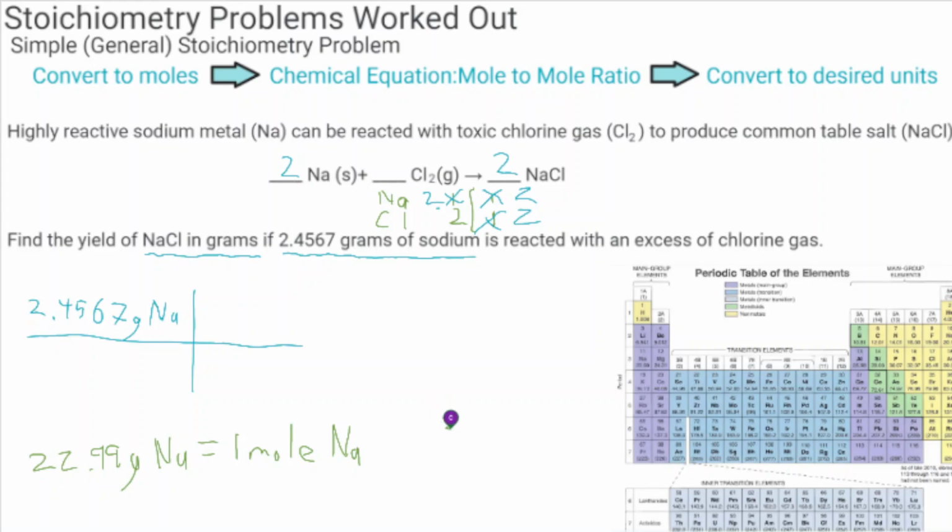I'm going to say we have 22.99 grams of sodium for every mole of sodium. Or we can write the reciprocal of that, since that's just equal to 1. I'm going to say 1 mole of sodium over 22.99 grams of sodium.